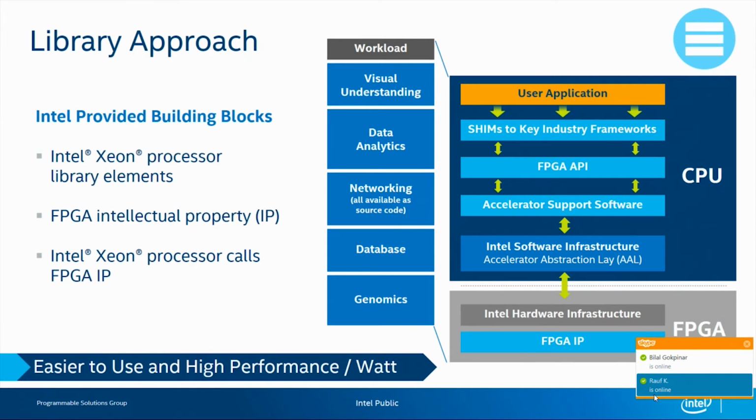For data analytics and deep learning, we have a stack of software and hardware that is accessible by high-level frameworks such as Caffe, and in the very near future it will be TensorFlow. Based on those, you could benefit from the FPGA fabric to accelerate deep learning tasks or other tasks that we see here.